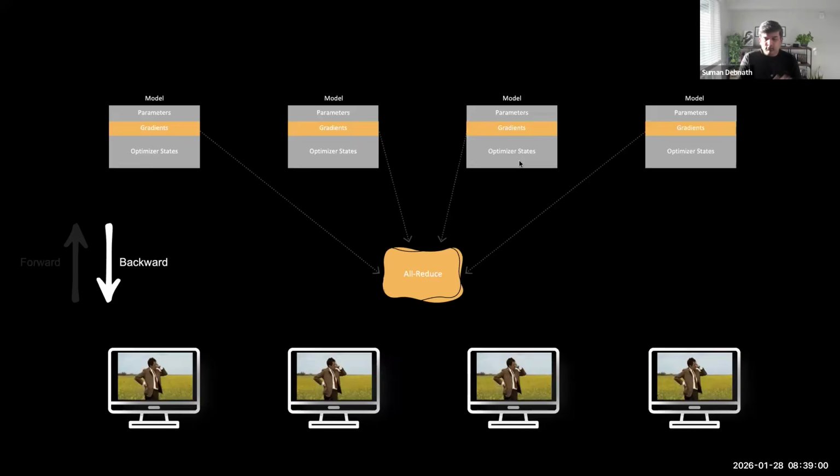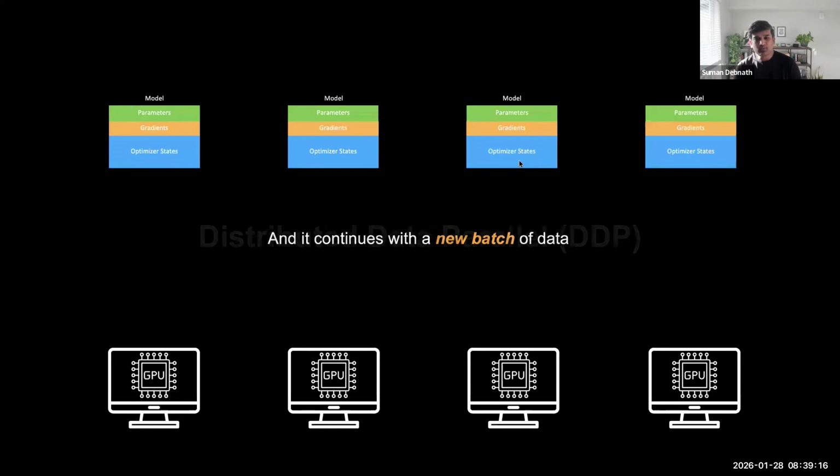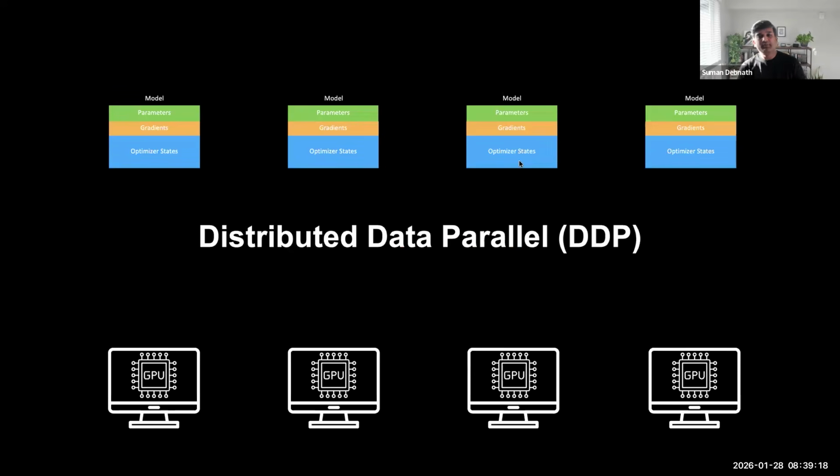Once all the GPUs get their gradient, they can update the parameters based on the optimizer state, and once that is done, we can start with the new batch of data. That's what we call distributed data parallel, where the model remains the same in all the GPUs.